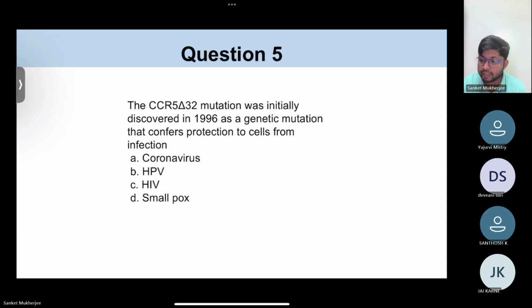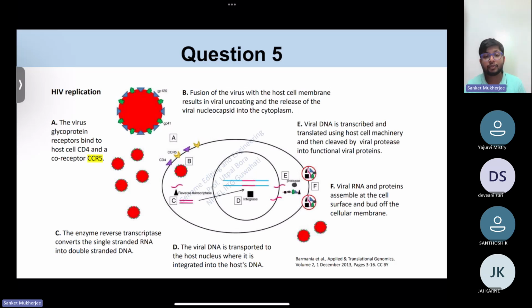HIV, yes, as we already discussed, it's there in the slide, you can study about it. There are different glycoproteins in the virus which bind to the CD4 and CCR5 receptors. When these receptors are mutated, internalization of HIV does not happen. The virus cannot replicate in the cell.